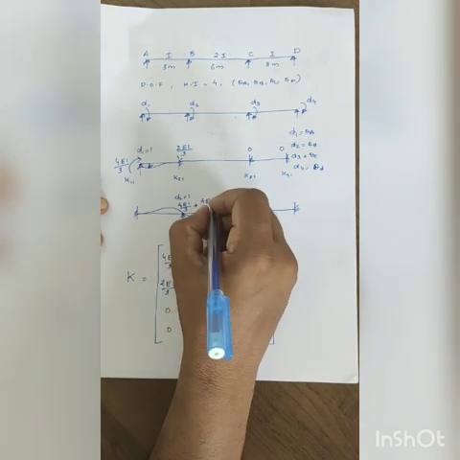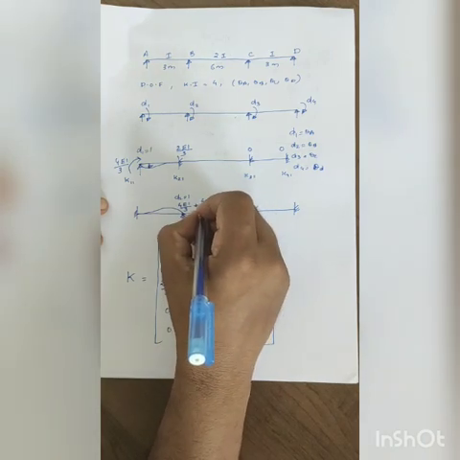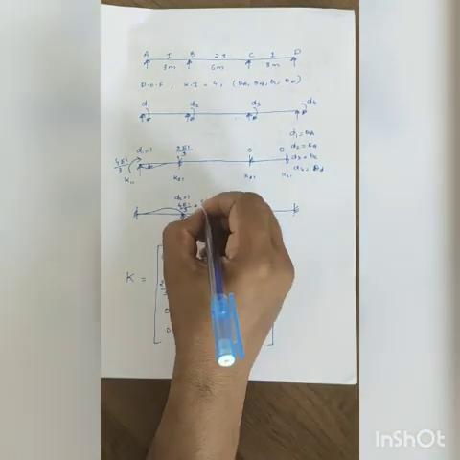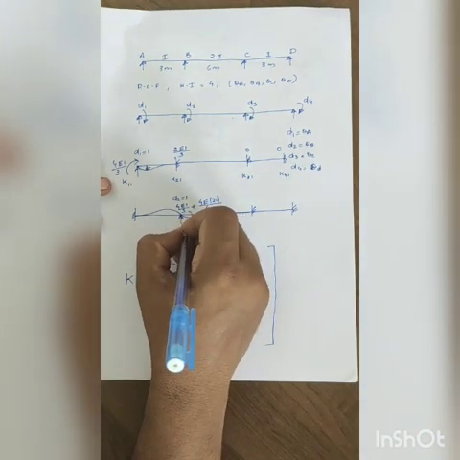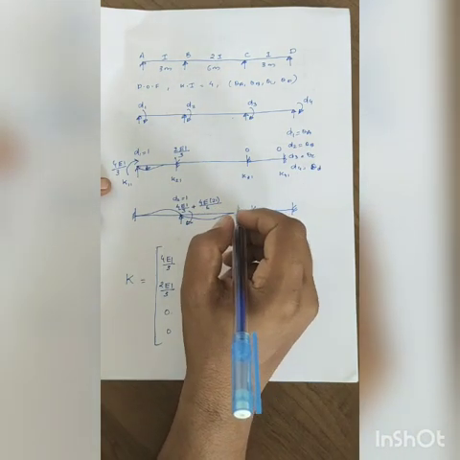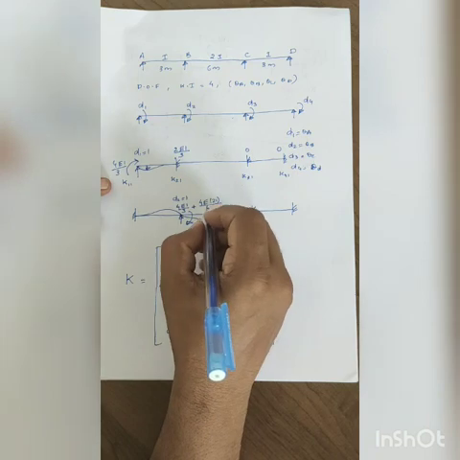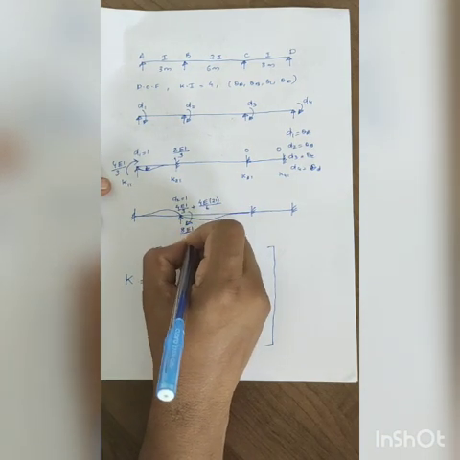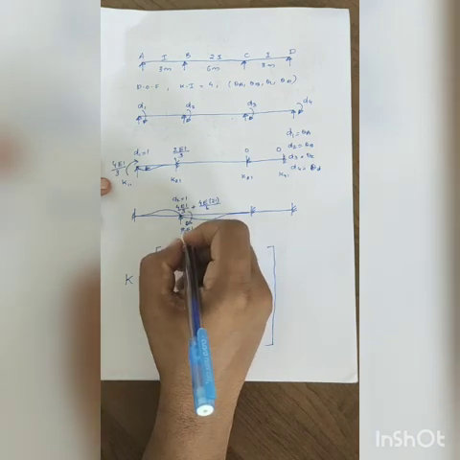Instead of I here it is 2I, so 4E into 2I by L, which is 6 meter. That is the total moment, acting in the clockwise direction: 4EI by 3 plus 4E into 2I by 6, that is again 4EI by 3. So in total it will come as 8EI by 3.